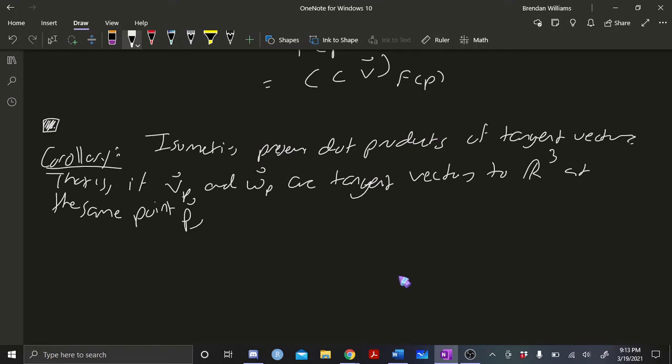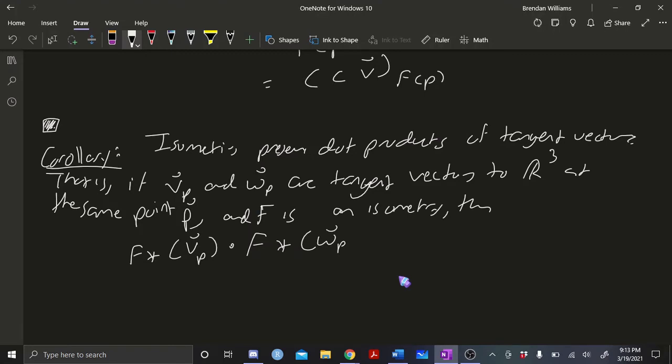Assuming that F is an isometry, then F star of v sub p dotted with F star of w sub p is equal to v sub p dotted with w sub p.